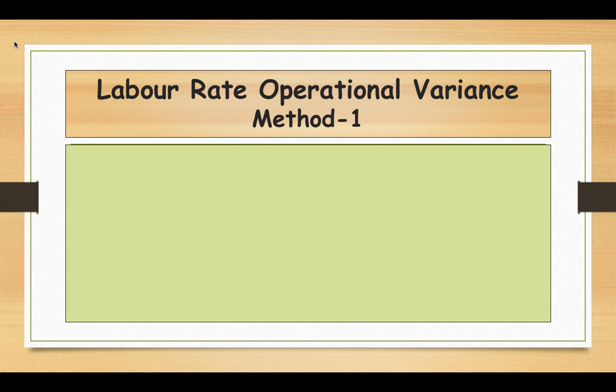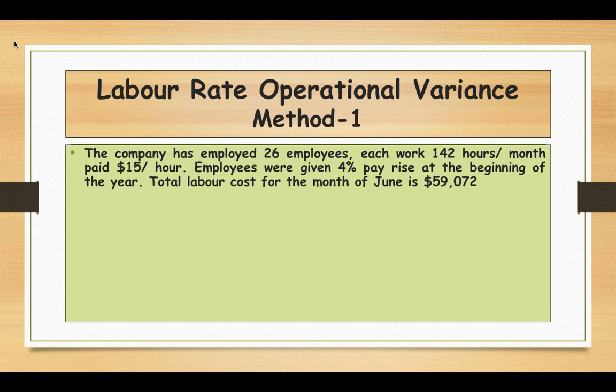Okay, we have calculated the labor rate planning variance under method 1. Now we are going to calculate the labor rate operational variance under method 1. So the question again: 26 employees, each worked 142 hours per month and paid $15 per hour.